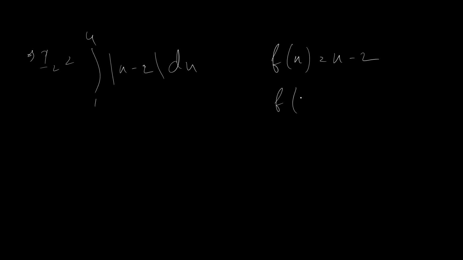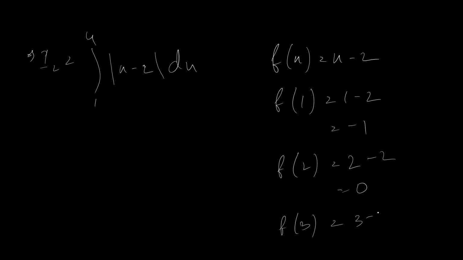Now from 1, if I give 1 minus 2, I get minus 1. Here we are getting a negative value. If I take f(2), 2 minus 2 is 0. f(3) is 3 minus 2, which is 1. And for f(4), 4 minus 2 is 2.